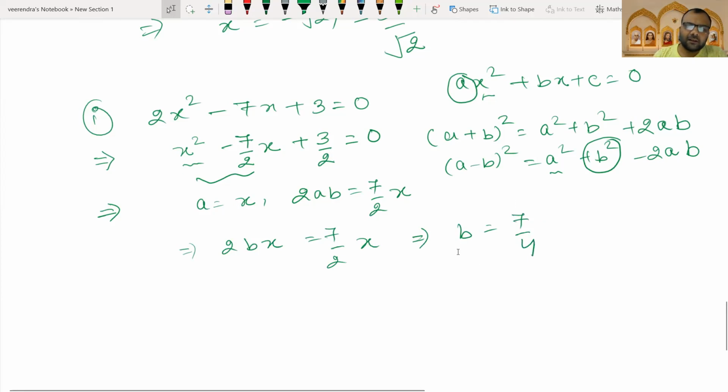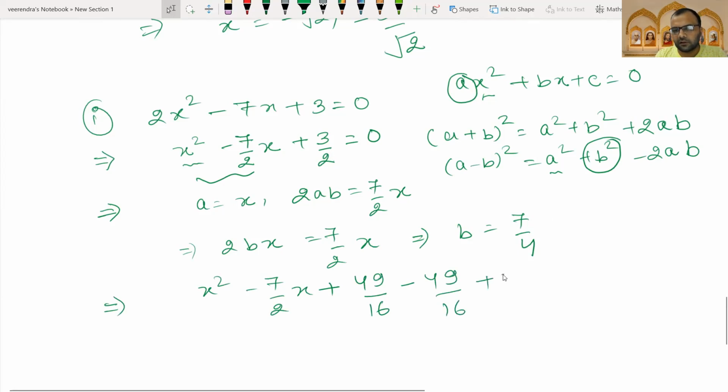Now we will add b square and subtract b square, and it will become a perfect square. So if I add here, x square minus 7 by 2 x plus the square of this term, which is 49 by 16, and I will subtract 49 by 16, plus 3 by 2 equals 0.